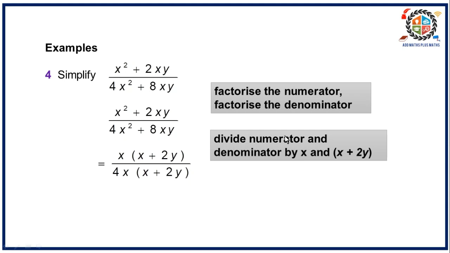I will cancel out x plus 2y and x plus 2y. You will notice also that I can divide x and x in both the numerator and the denominator. So if I divide, I will have 1 over 4. So the final answer is 1 over 4.